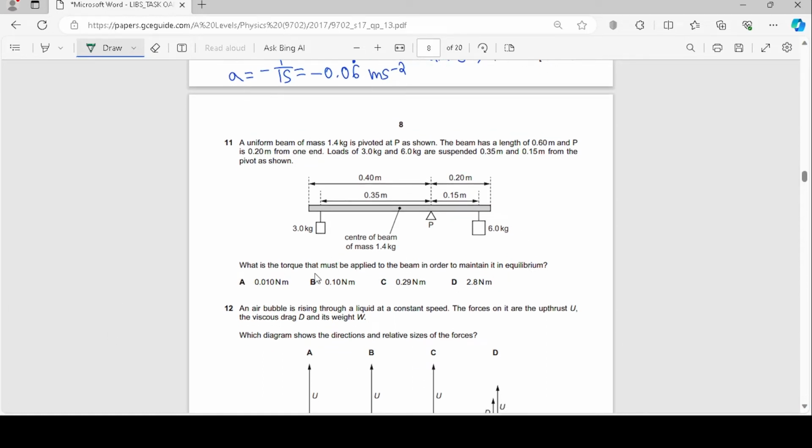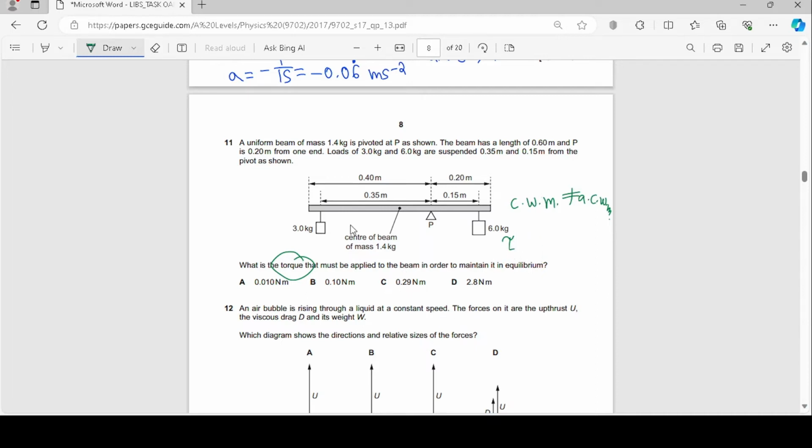The question says what's the torque that must be applied, which implies that the beam on its own is not in equilibrium. So the clockwise moment is not equal to the anti-clockwise moment, which is why we need to apply an additional torque so that the beam is in equilibrium.